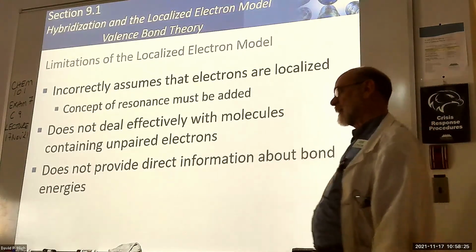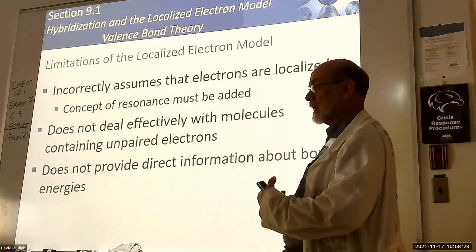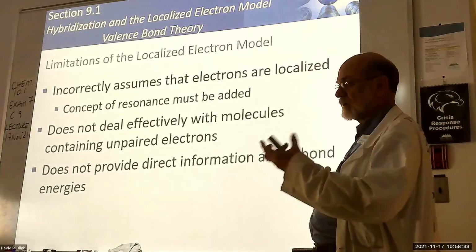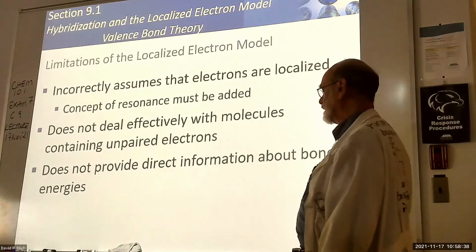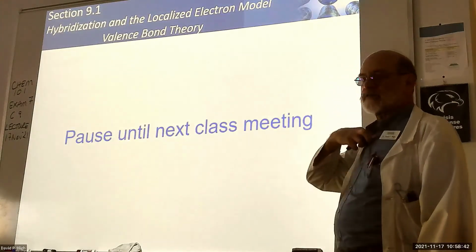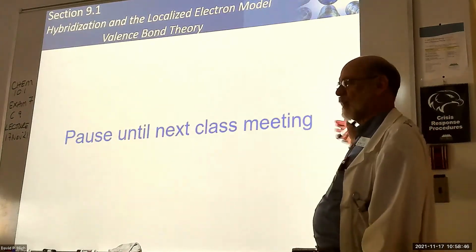It can say things like a double bond is stronger and shorter than a single bond, and a triple bond is stronger and shorter than a double bond. But it doesn't say anything about how much.